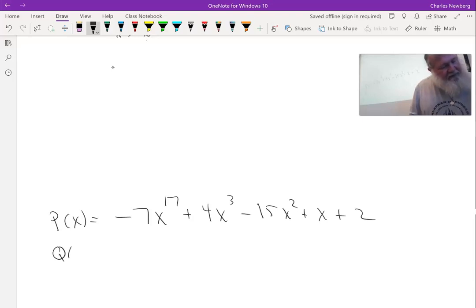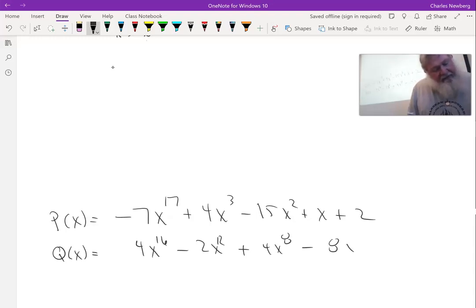And let me go ahead and give you Q of x: 4x to the 16th minus 2x to the 12th plus 4x to the 8th minus 8x to the 4th plus x squared plus 4. All right, so we got a couple of good polynomials here.